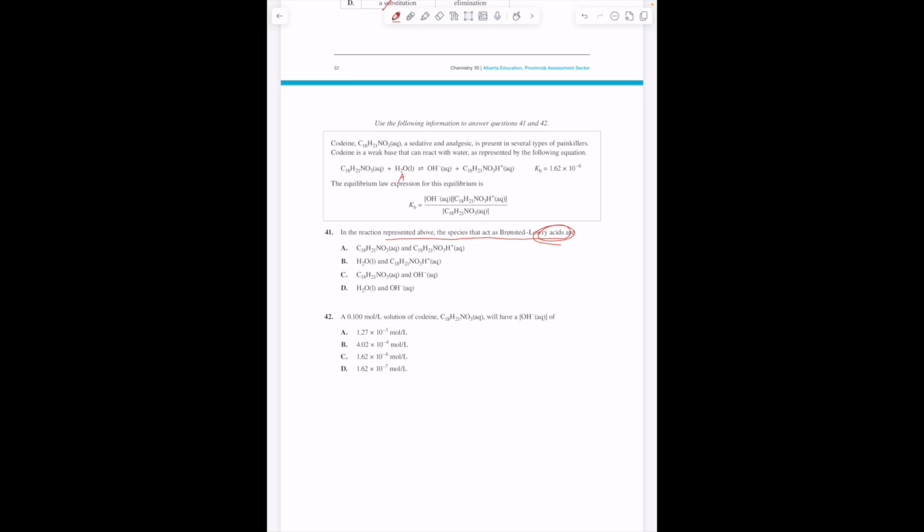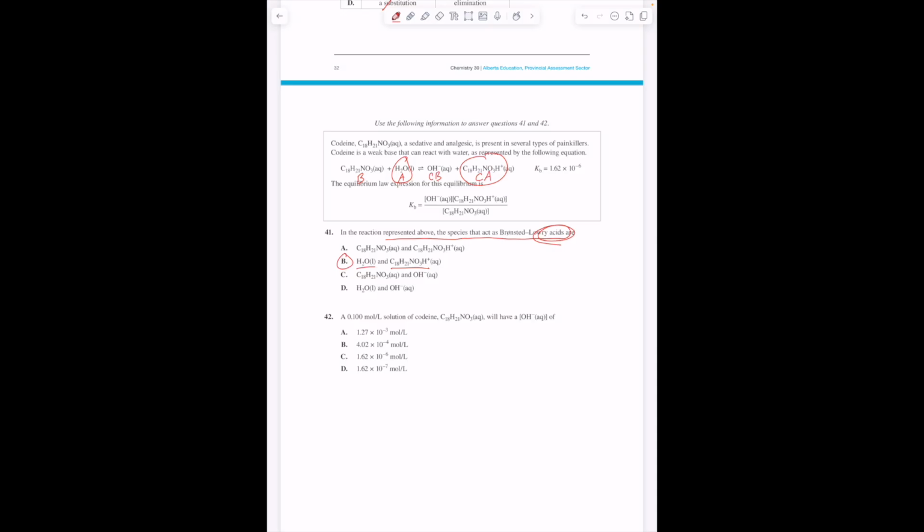This is base. And on this side, the H is jumping on if we're going that way, which makes this conjugate acid, conjugate base. So my acids are water, and that one, 41 is B.